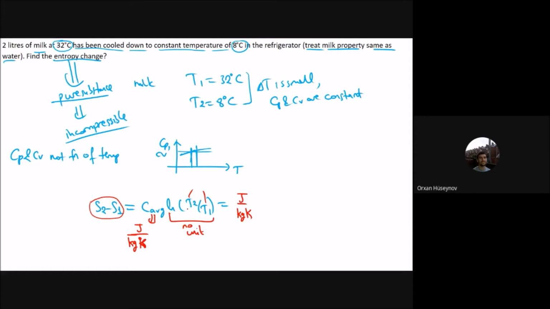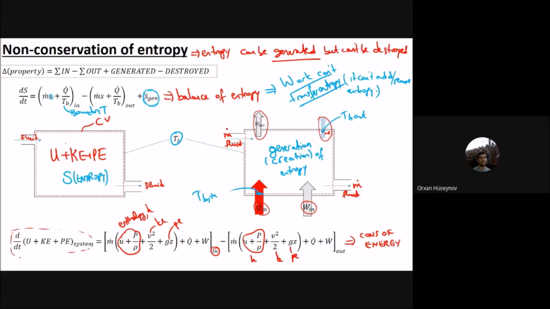But if I multiply with the mass m, I will also multiply this part with m, and then you will have joules per Kelvin. That is the difference.